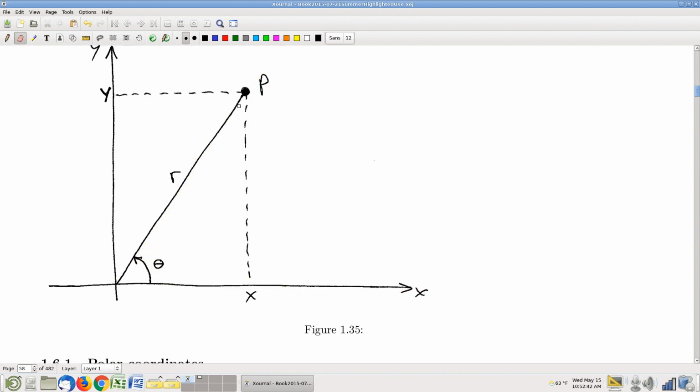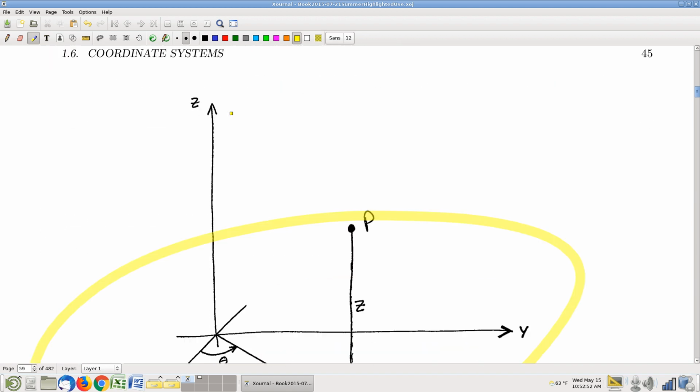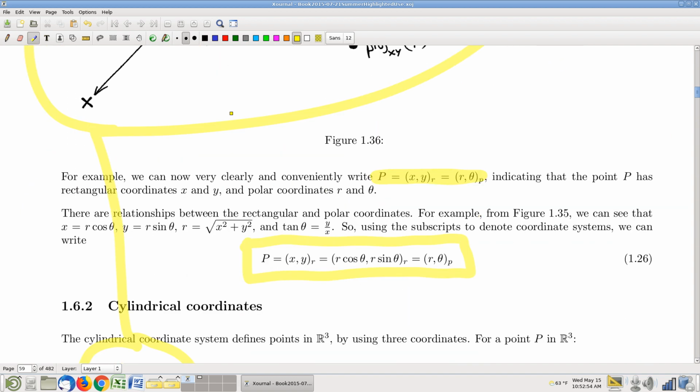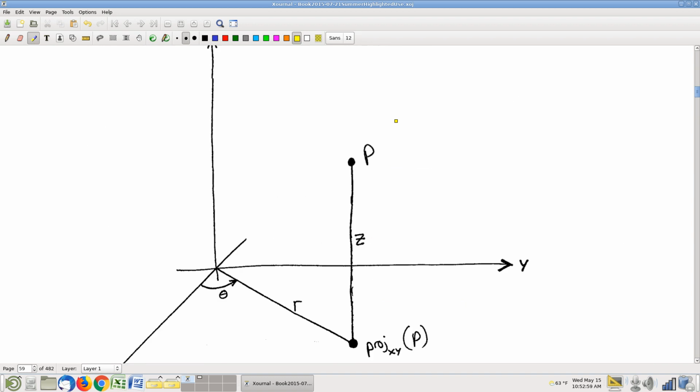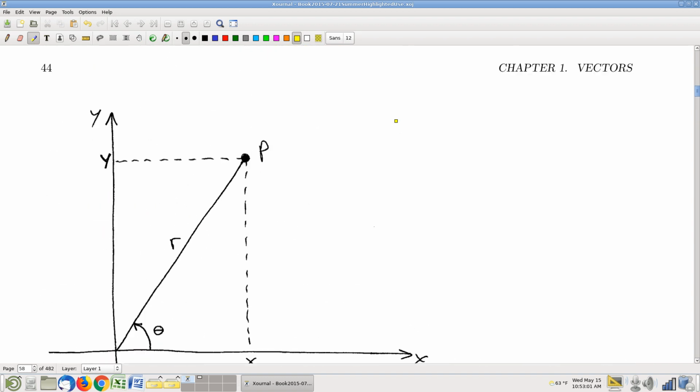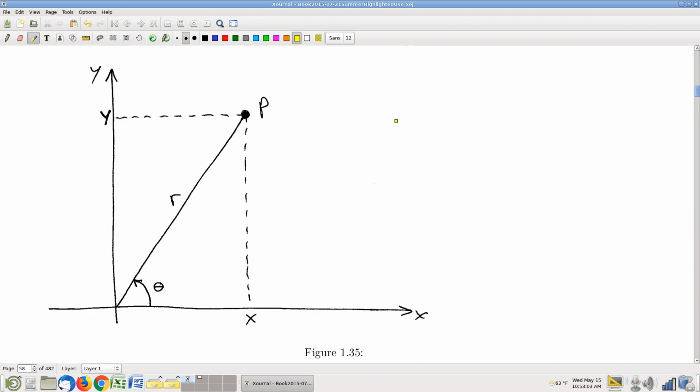Okay. So each of these coordinate systems that we're going to talk about, there's different little details that have to be observed. In this system with polar coordinates. I'm sorry, I got a little ahead of myself. Quick point I wanted to make first.